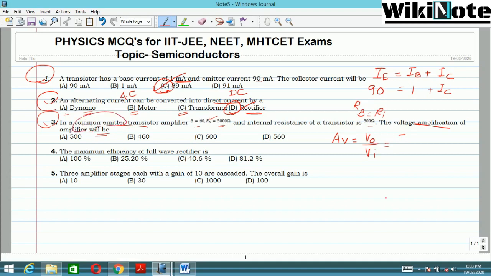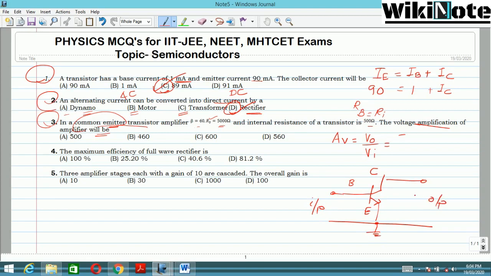So keep in mind guys, I have already drawn this diagram. In the common emitter, what you have to remember is that a transistor has 3 terminals, base, collector and emitter, and in the word common emitter, emitter is common, so it should be connected to ground and be common between the input side and the output side.